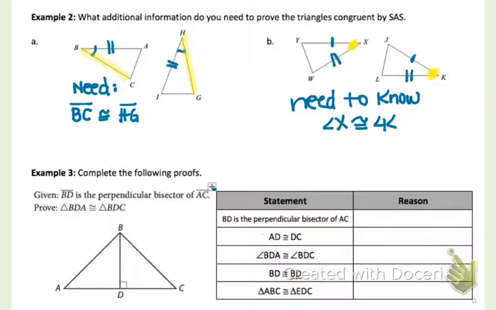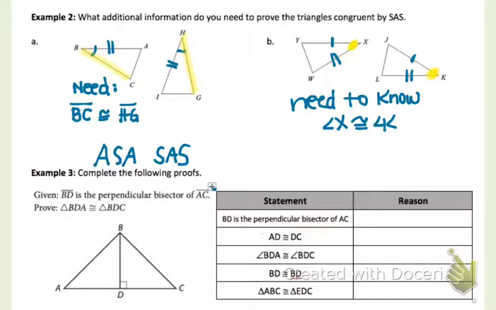We now know ASA and SAS, and if we could establish either one of those, that would be enough. So we won't always be using SAS. Once we learn more shortcuts, we'll have more and more ways to prove triangles congruent.